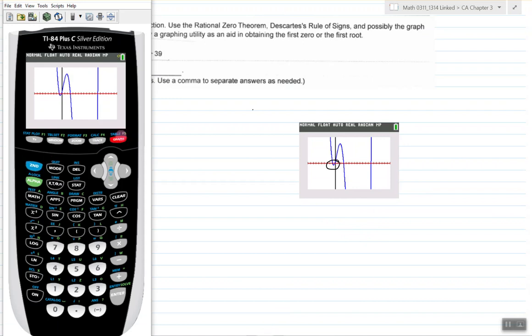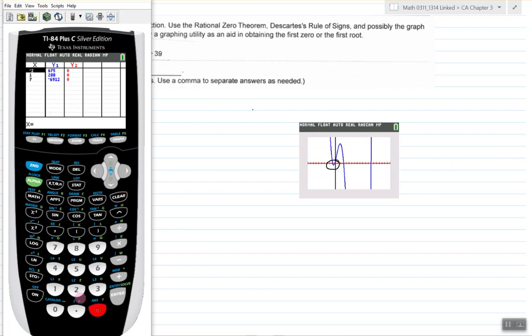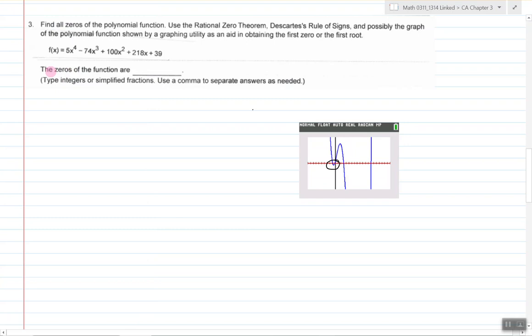Let me see. I'm going to go to table, and I'm going to type in negative 1 and hit enter, and it'll write over that. Yes, I did get a 0. Now it's crossing again between negative 1 and 0, so that sounds like a fraction. I know that there is a 0 at negative 1. So x equals negative 1. I'm going to use synthetic division.